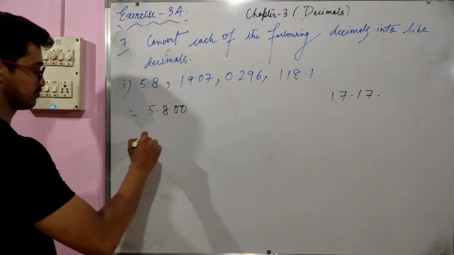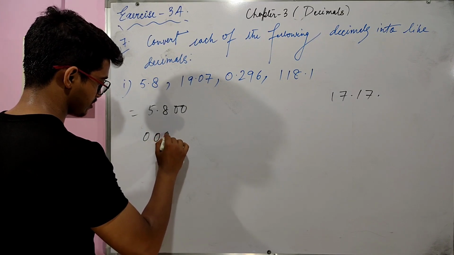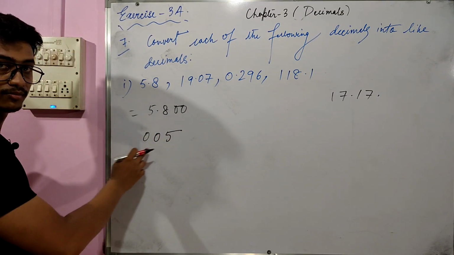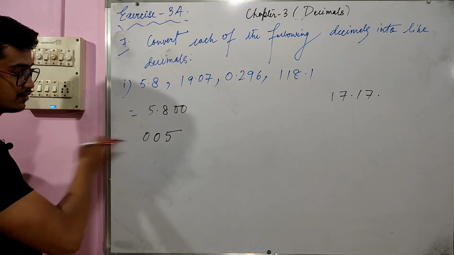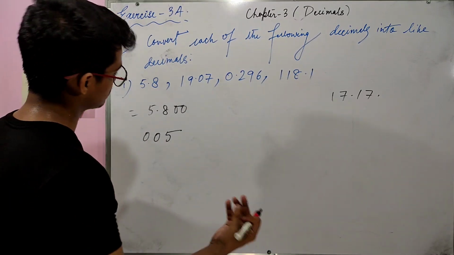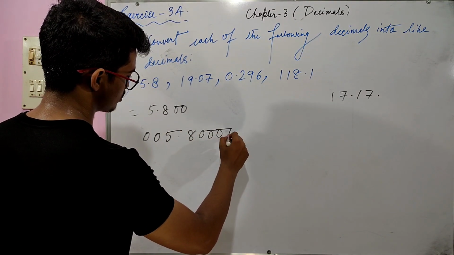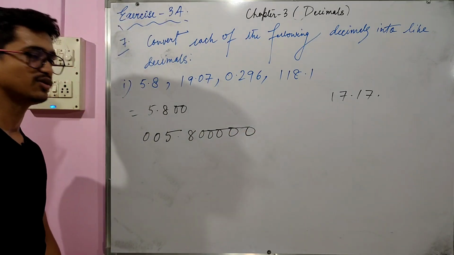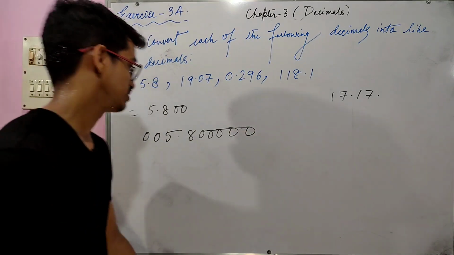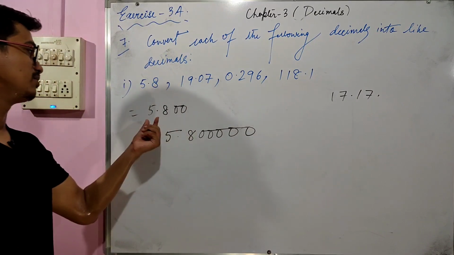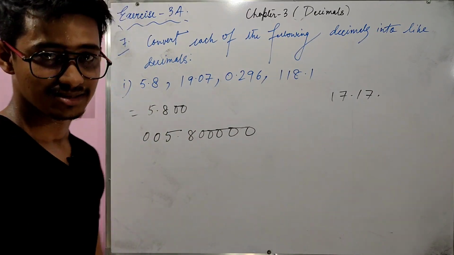Before the point, like before 5, if you put thousands of zeros, it will be the same, and after the number, if you put thousands or even crores of zeros, the net result will still be 5.8.